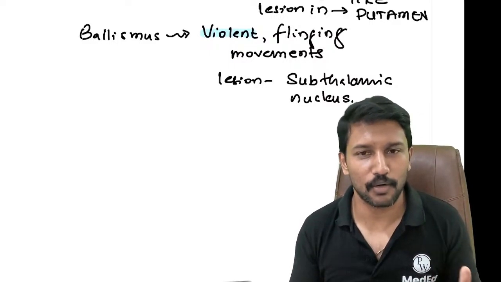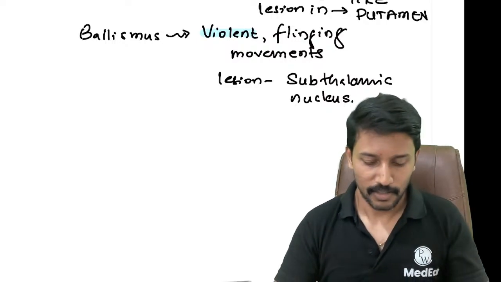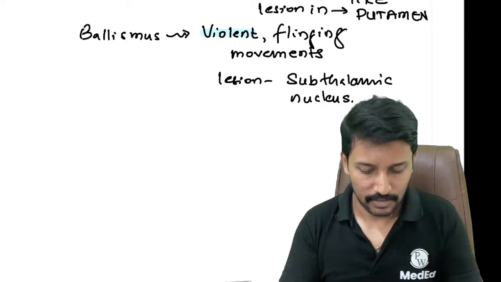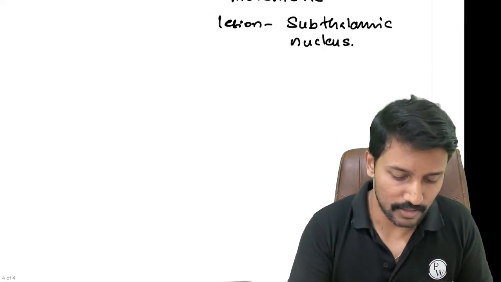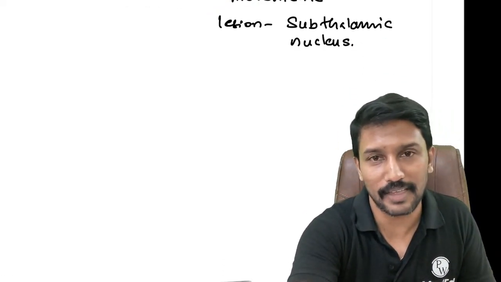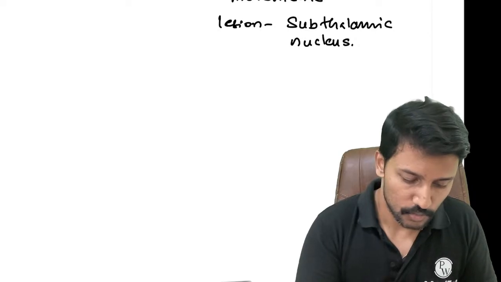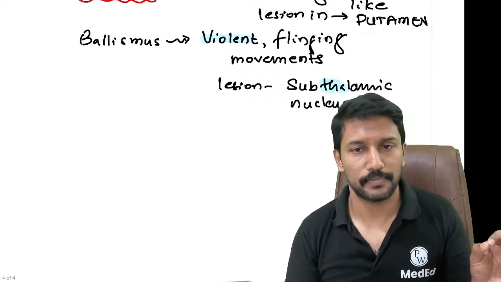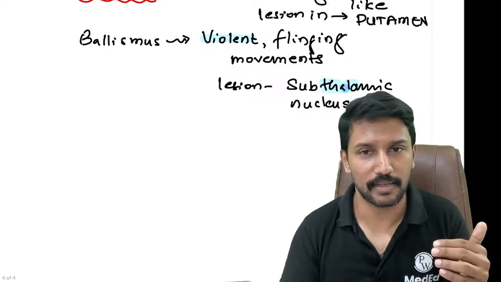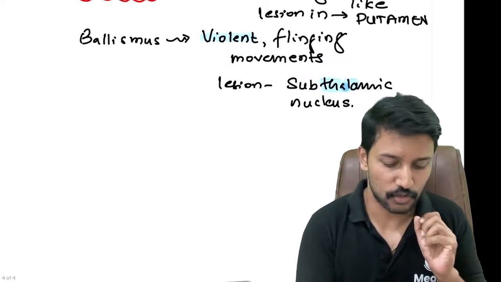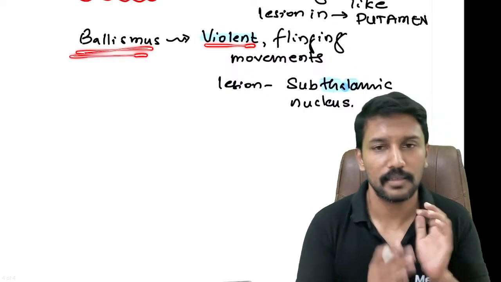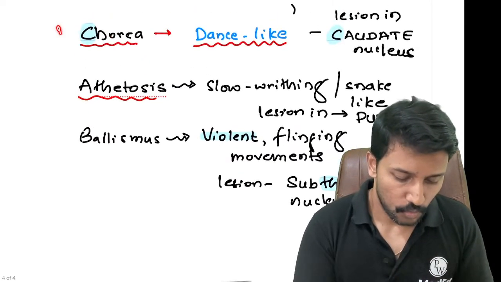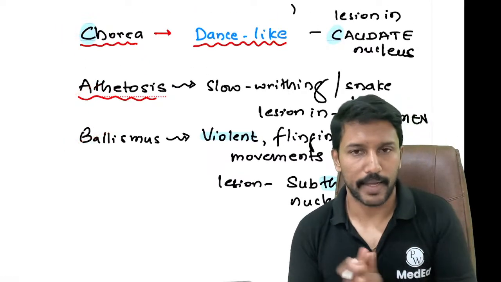He is famously called Tala. So if you think of violent, that is ballet, and Dhoni comes to your mind, that is the Tala or the thalamic nucleus. So that way you can remember that the lesion of subthalamic Tala, Dhoni, leads to violent batting, that is balismus. So that helps you to address this chorea, athetosis and balismus.